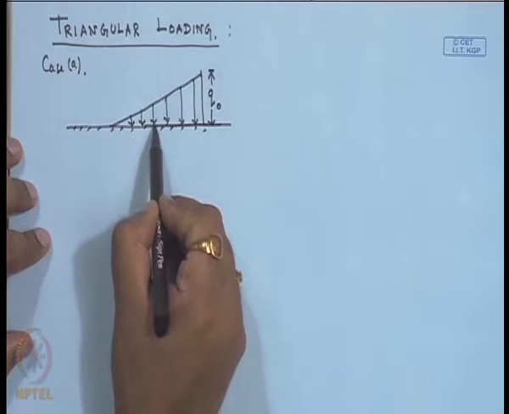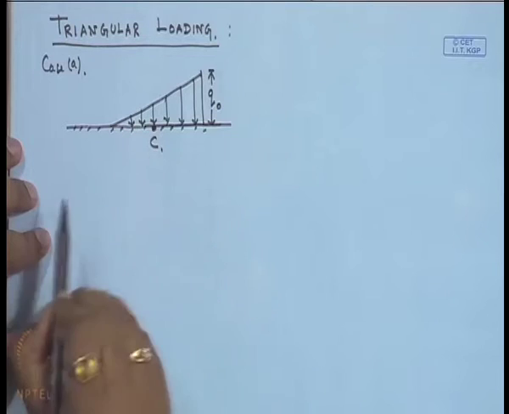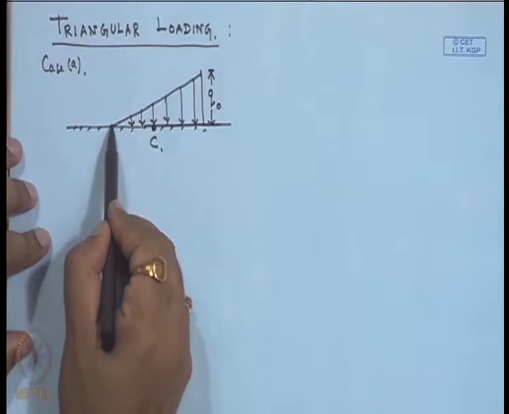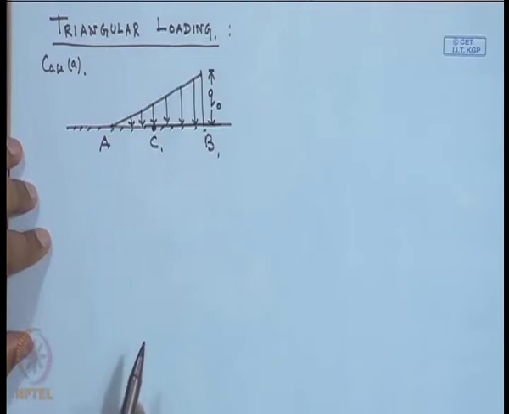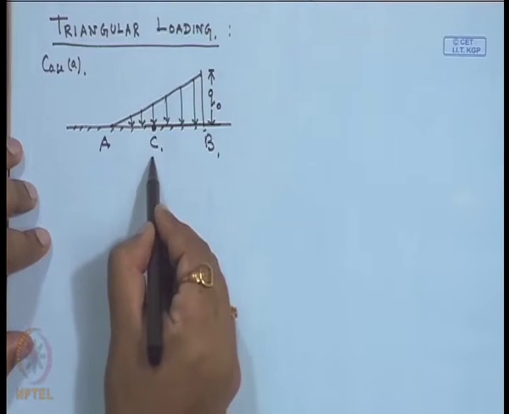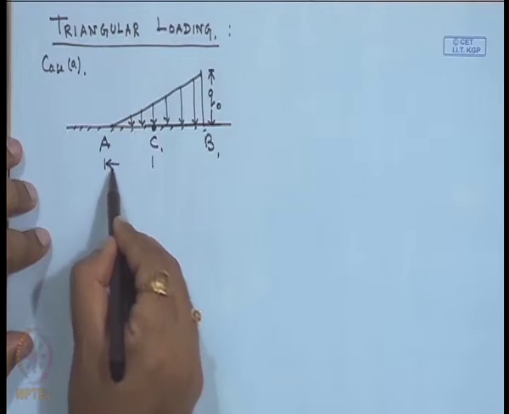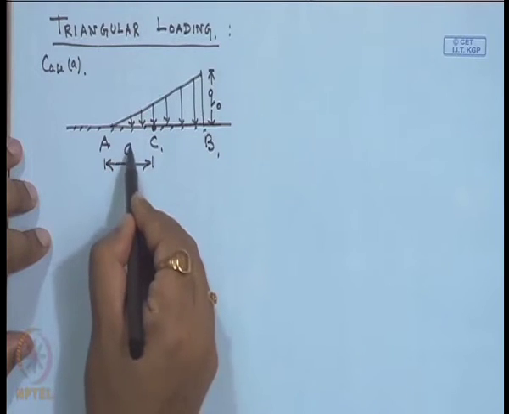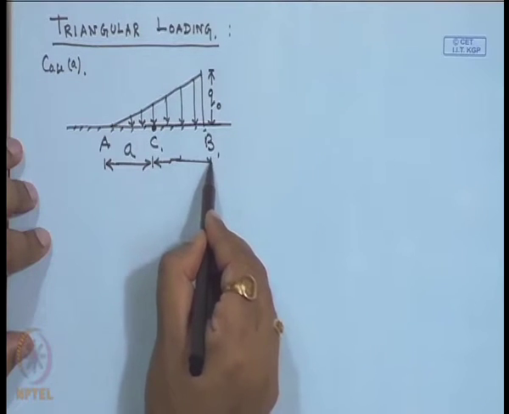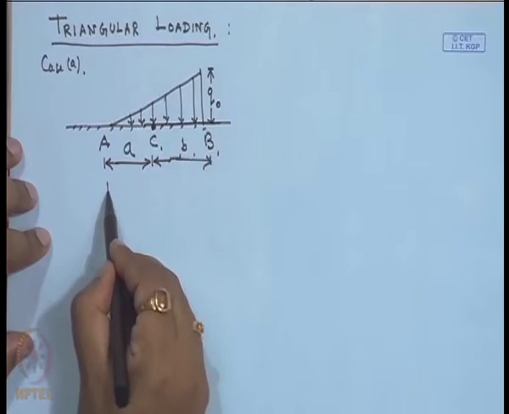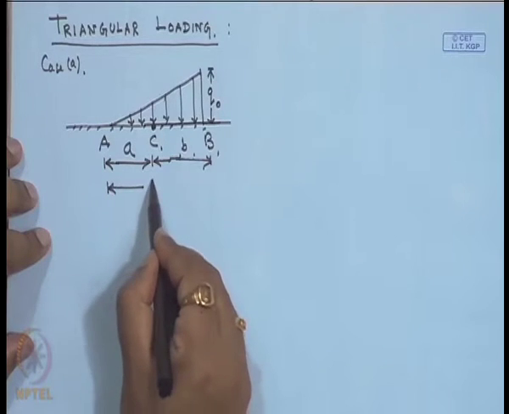We consider one point C within the loaded region, one end is A, another end is B. Distance from A to C is A, distance from C to B is B, and distance from A to B is say L.